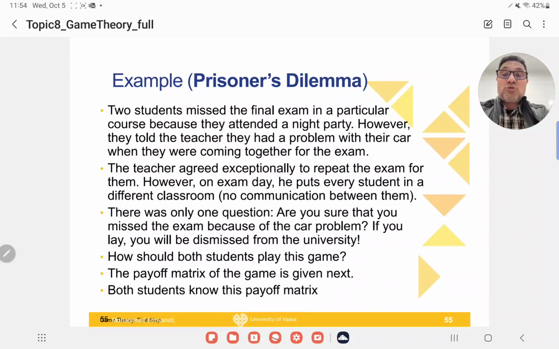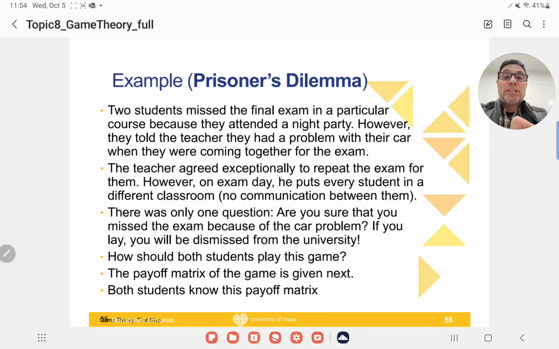We study maybe this famous and well-known example known as the Prisoner's dilemma, and let us provide this in a different context. So we say here that we have two students who missed the final exam in a particular course because they attended a night party.